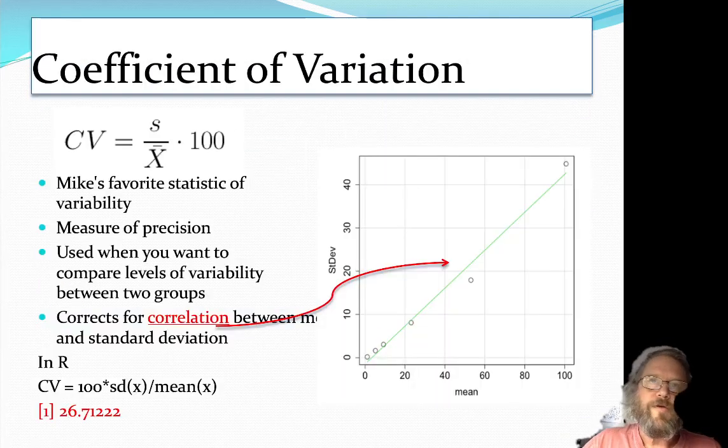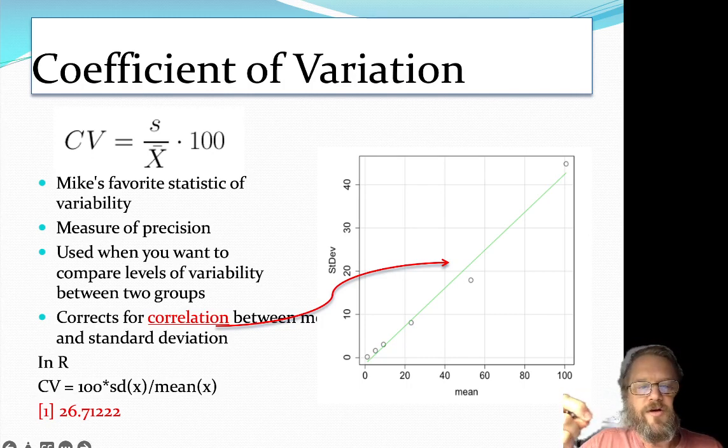Alright, so there are situations where while you're describing your data sets, you may want to make comparisons of the variability for the different variables that you're measuring. So what this slide's introducing you to is another statistic that's about variability, but it's used when you're going to compare different variables.